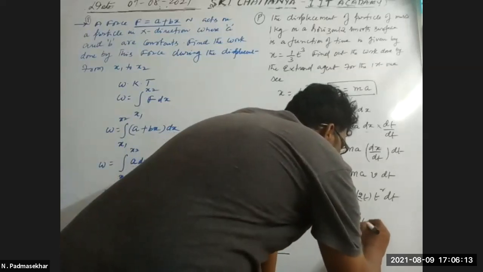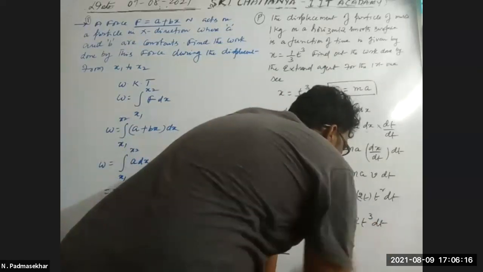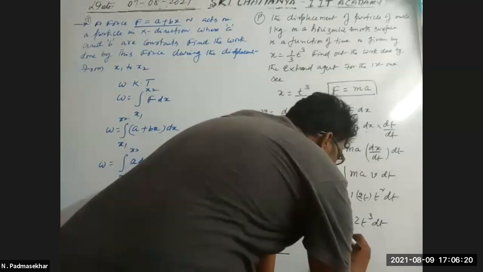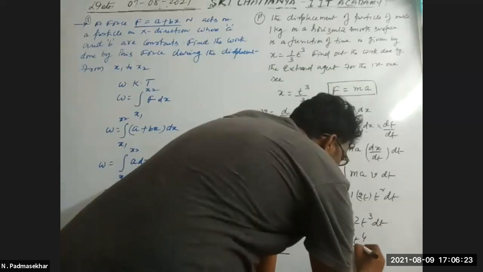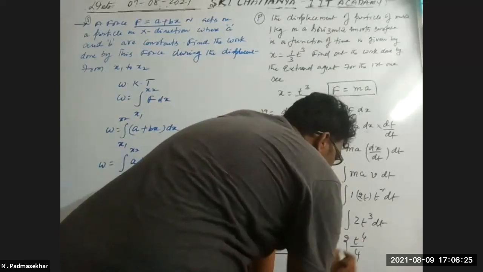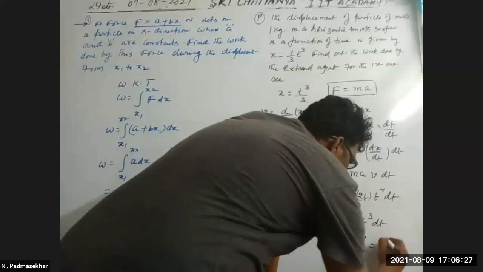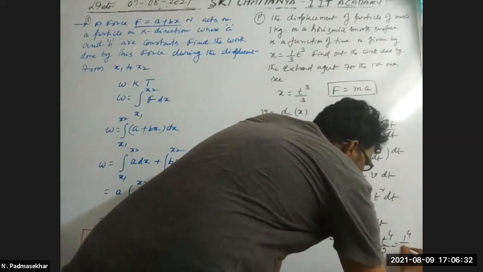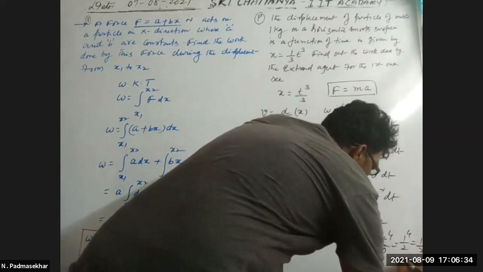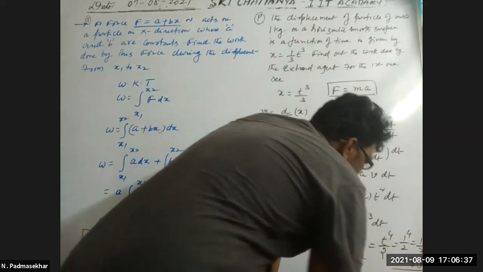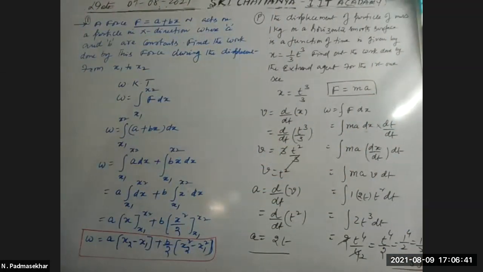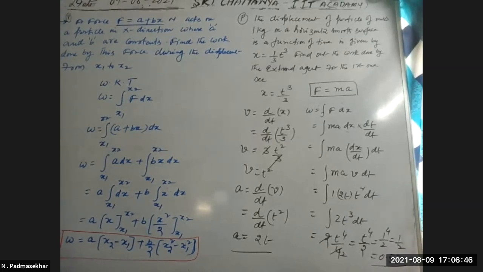So this is equal to integral 2t cubed dt, which is equal to 2 times t power 4 by 4, that is t power 4 by 2. At t is equal to 1, 1 power 4 by 2, so 1 by 2, that is equal to 0.5. Please look carefully, I have not done anything else. 0.5 is the work. So work is equal to 0.5 joules.